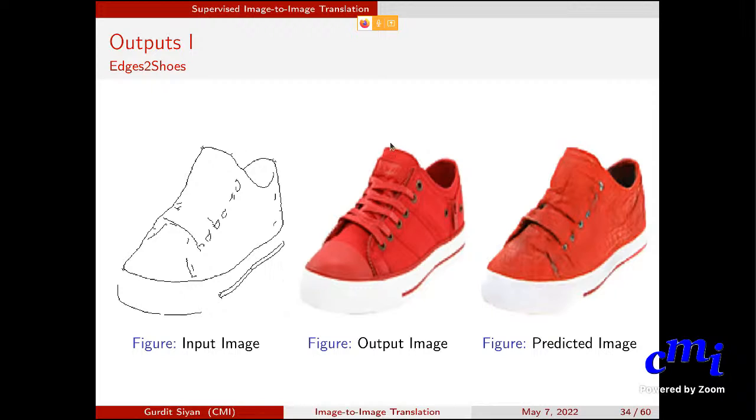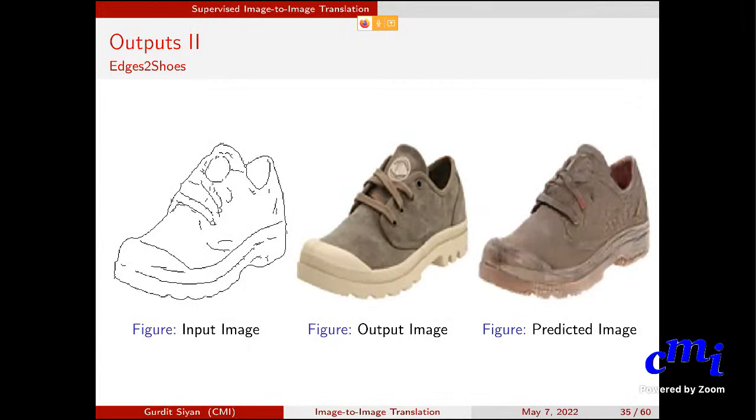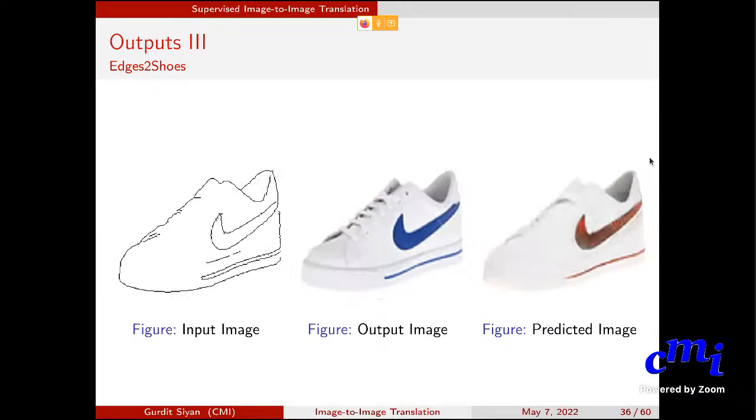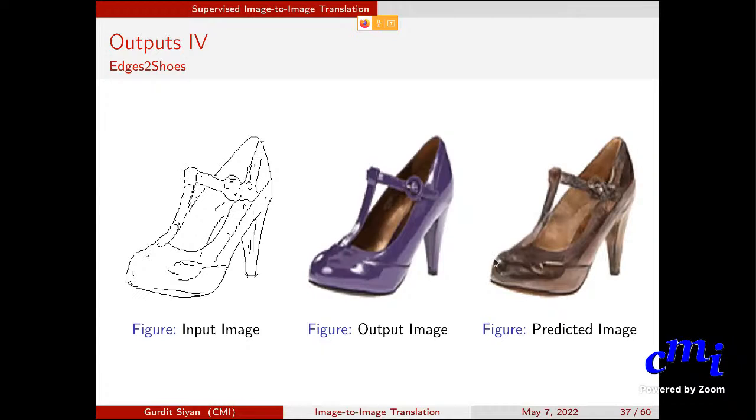I think that's just a coincidence. We will see later in the colorization section that it generates different colors for the input image. I think most of the shoes that look like this have a very brown, muddy color, so it generates this, and for this it generates this.